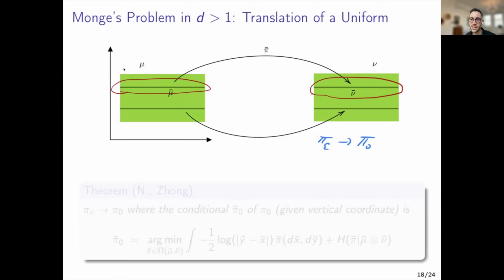I can just say I do this on each ray, and that will define the global coupling. That looks like the most spread out one, so that's a very reasonable candidate to be the limit pi zero. Okay. Interestingly, that is reasonable but wrong. That is actually not the limit. And that's where this example starts to be interesting.